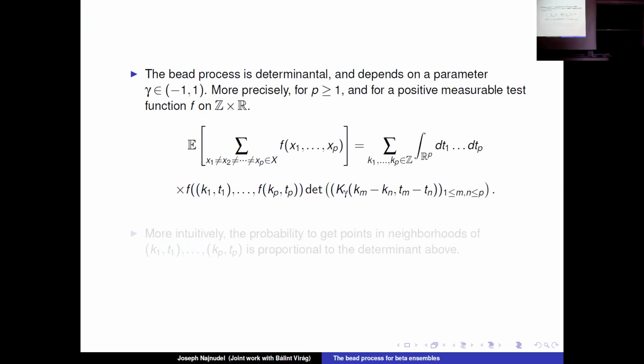So for example, conditionally on all the points except this one, if we know there is exactly a point here, then it's uniform in the interval which is allowed.